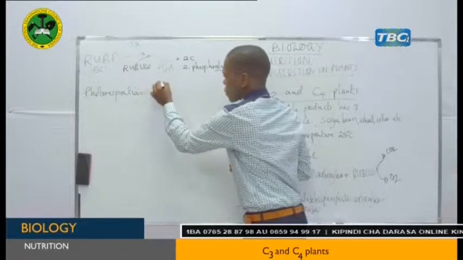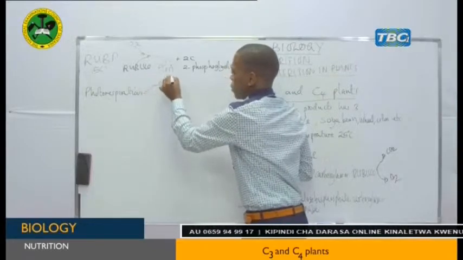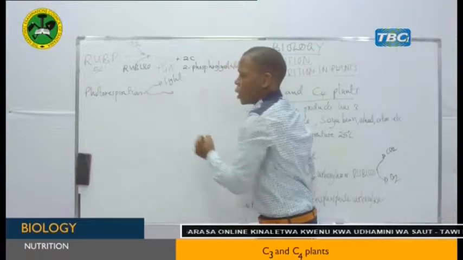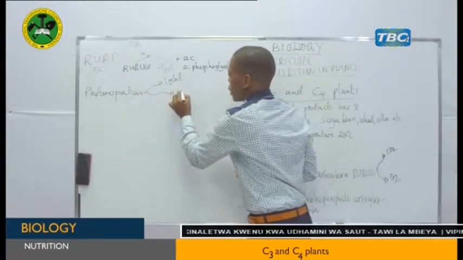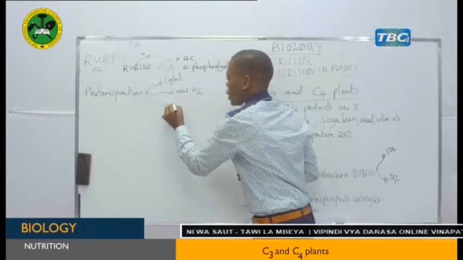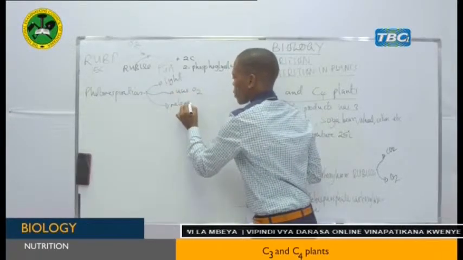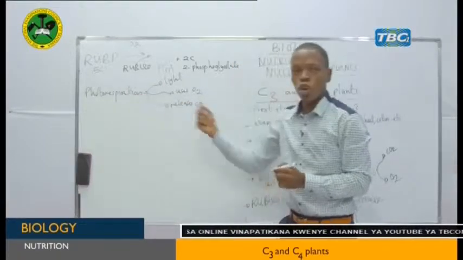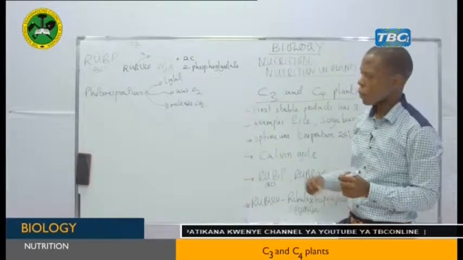Photo because it occurs in presence of light, but also respiration because it uses oxygen, but again it releases what? Carbon dioxide. That's photorespiration.